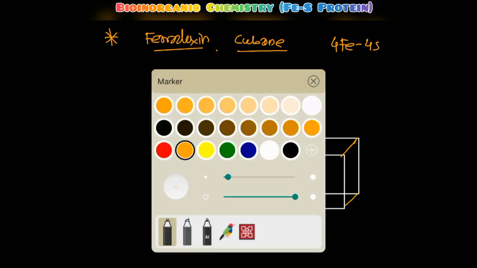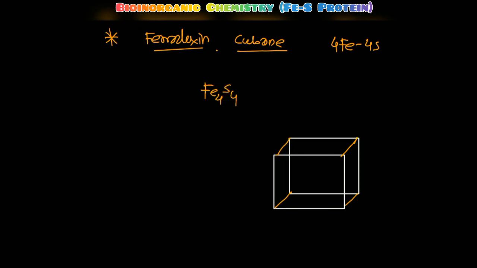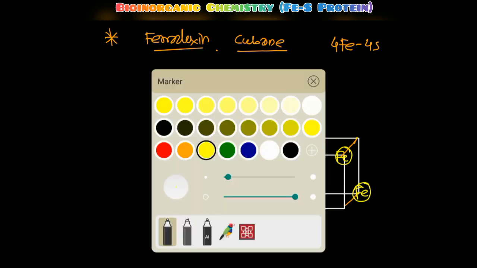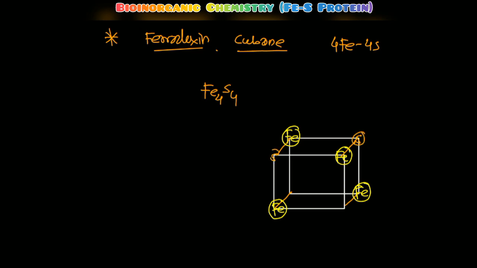Here the irons are present diagonally, these are the 4 irons, and the remaining are sulfur, sulfur, sulfur and sulfur.